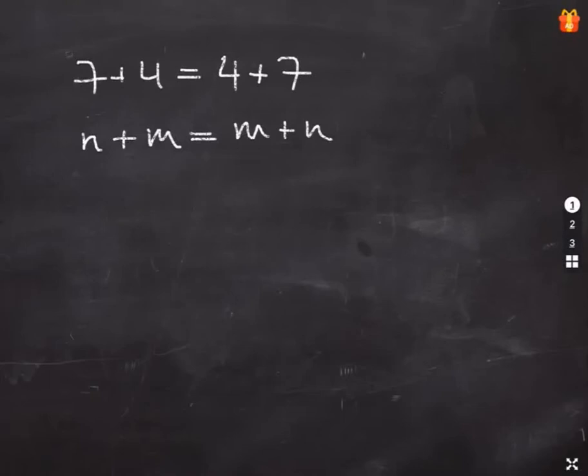Okay, so now we are going to start with some lemmas. First lemma: for any natural number n, n plus 0 is n. Now, you cannot deduce this immediately from what I explained to you before.